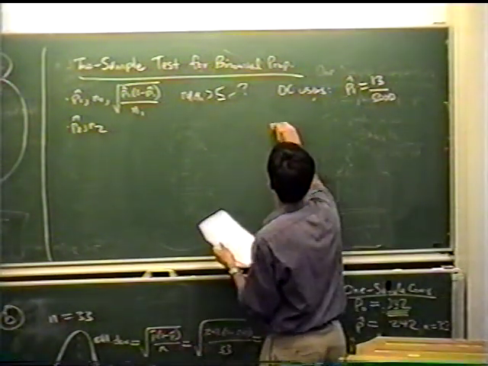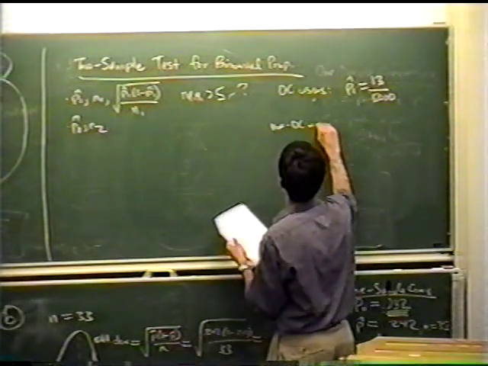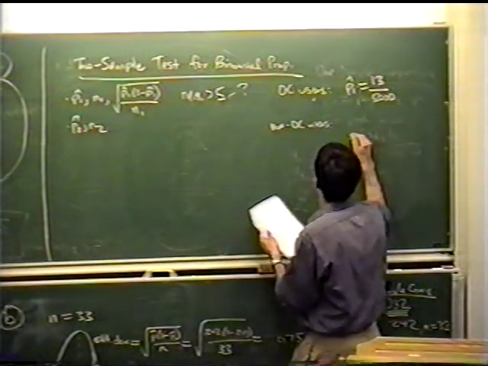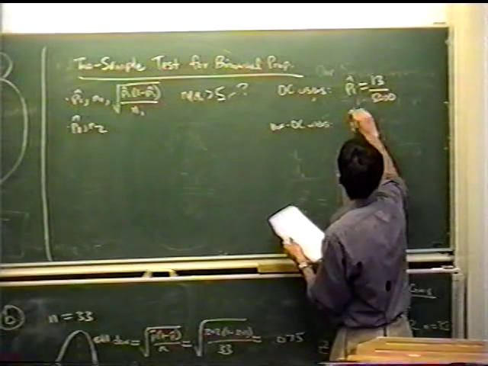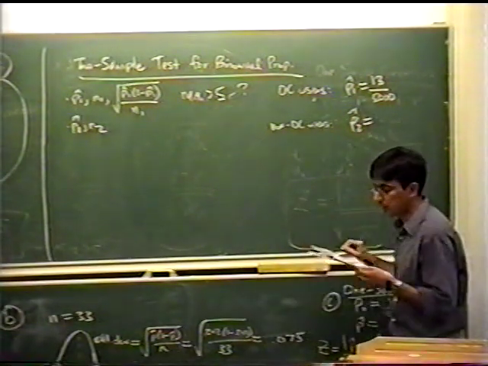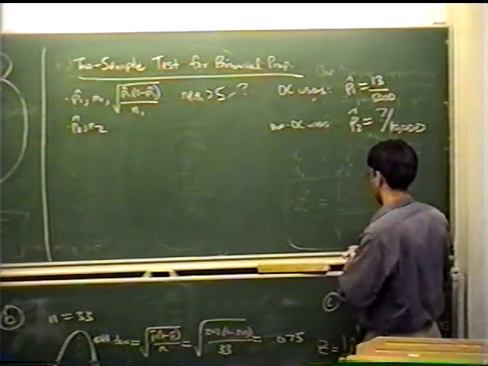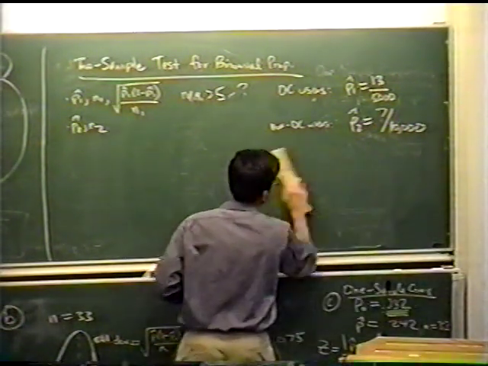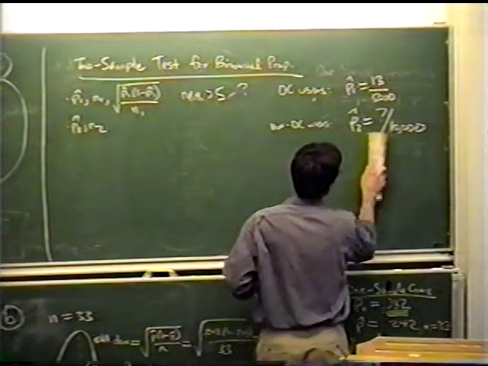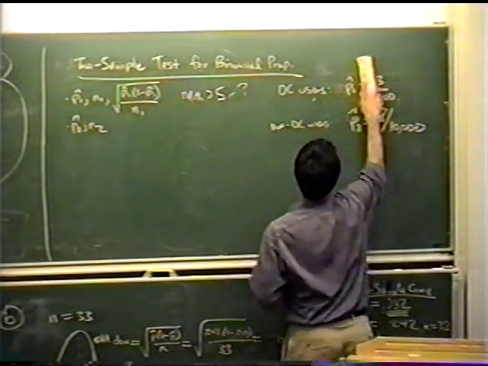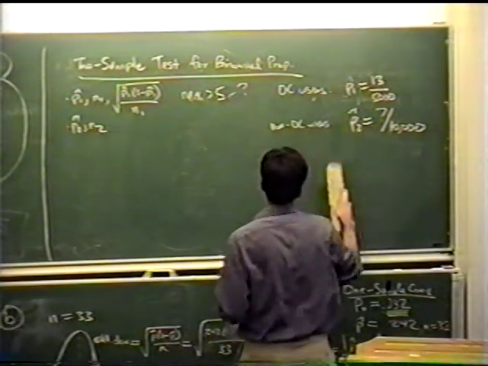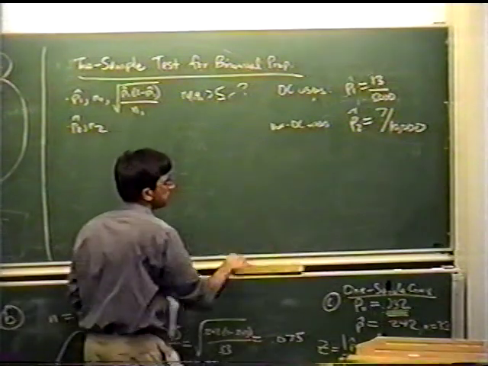And for the non-oral contraceptive users, our probability of developing a myocardial infarction was 7 over 10,000. So those are our two probabilities.